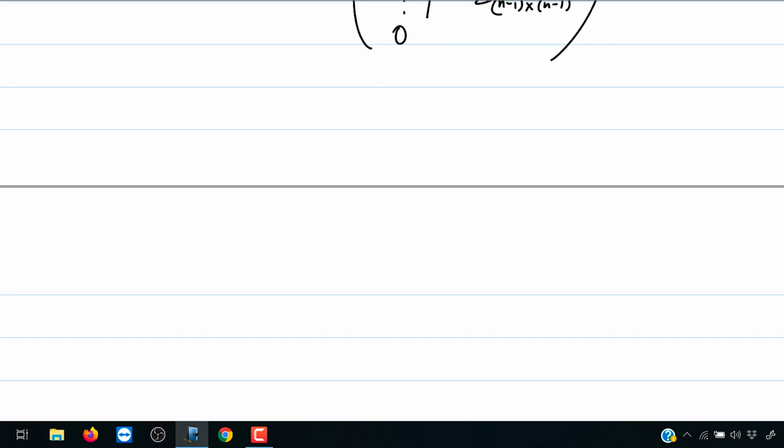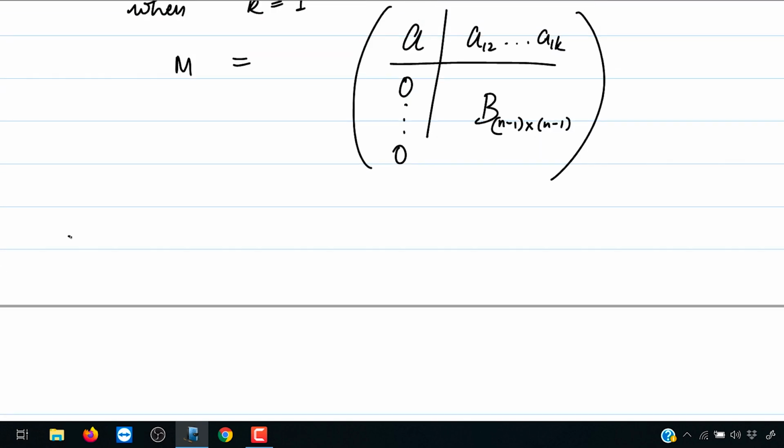Okay, so what will be determinant of M? Determinant of M is equal to, let us look at the cofactor expansion along the first column. This will be A times determinant of B, which is the minor, and the remaining terms will be just 0 times something, and that turns out to be 0.